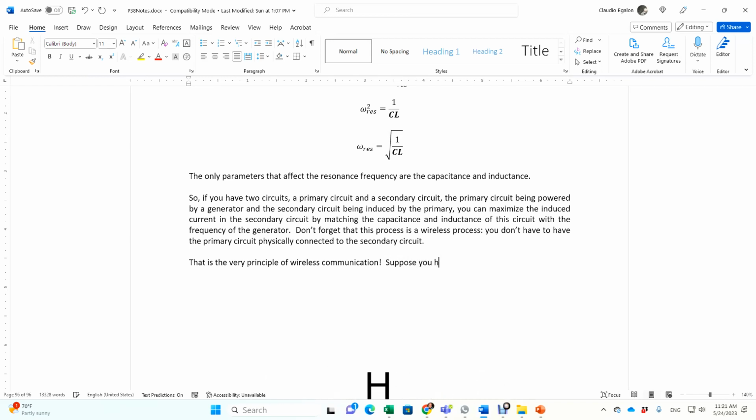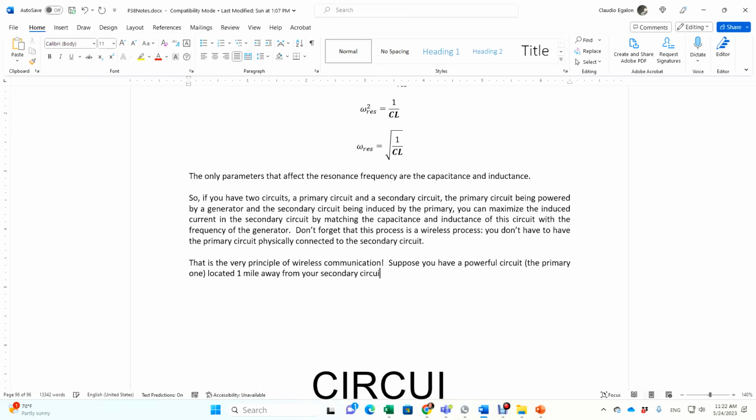Suppose you have a powerful circuit, I'll call that the primary one, located 1 mile away from your secondary circuit.